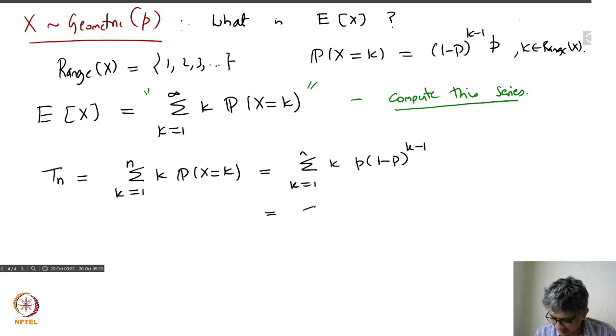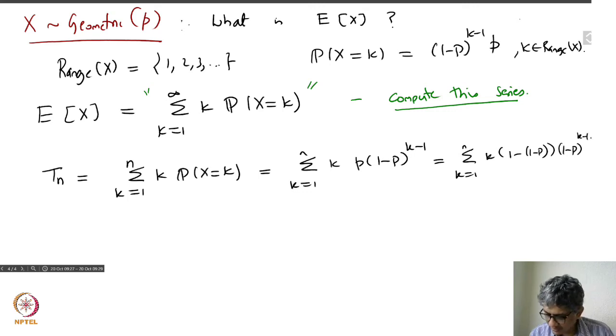I think of this p as 1 minus (1 minus p), and then this remains the same, 1 minus p to the k minus 1. So all I did was replace this p here by the same quantity, but I wrote it a little differently.